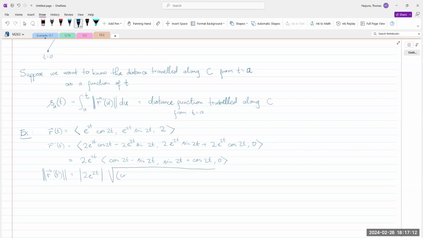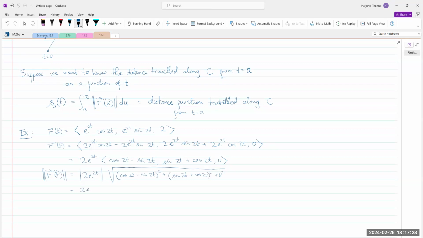So the square root of (cosine 2t minus sine 2t) squared plus (sine 2t plus cosine 2t) squared plus 0 squared.